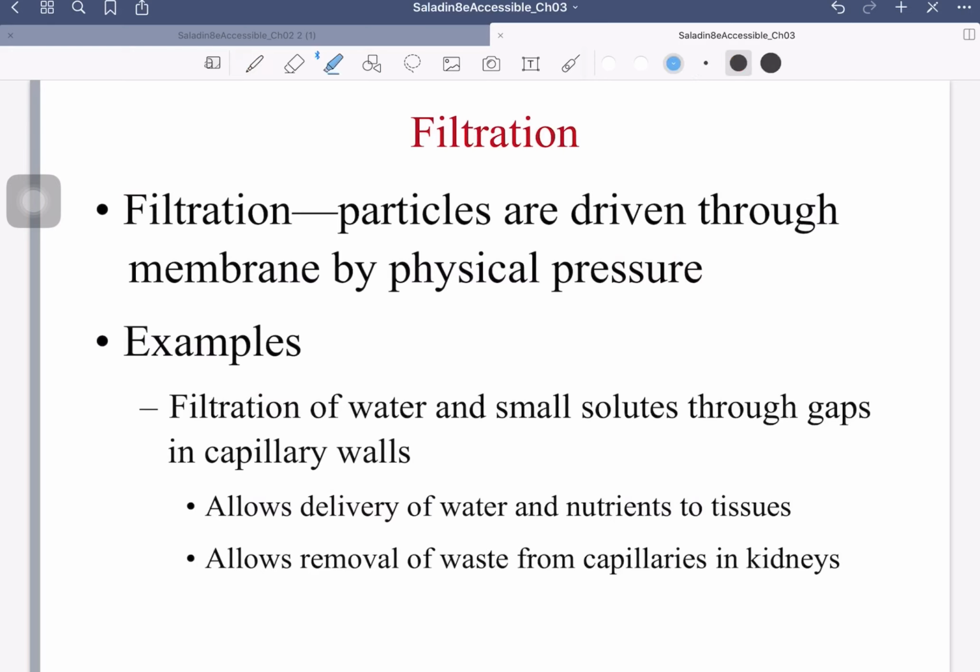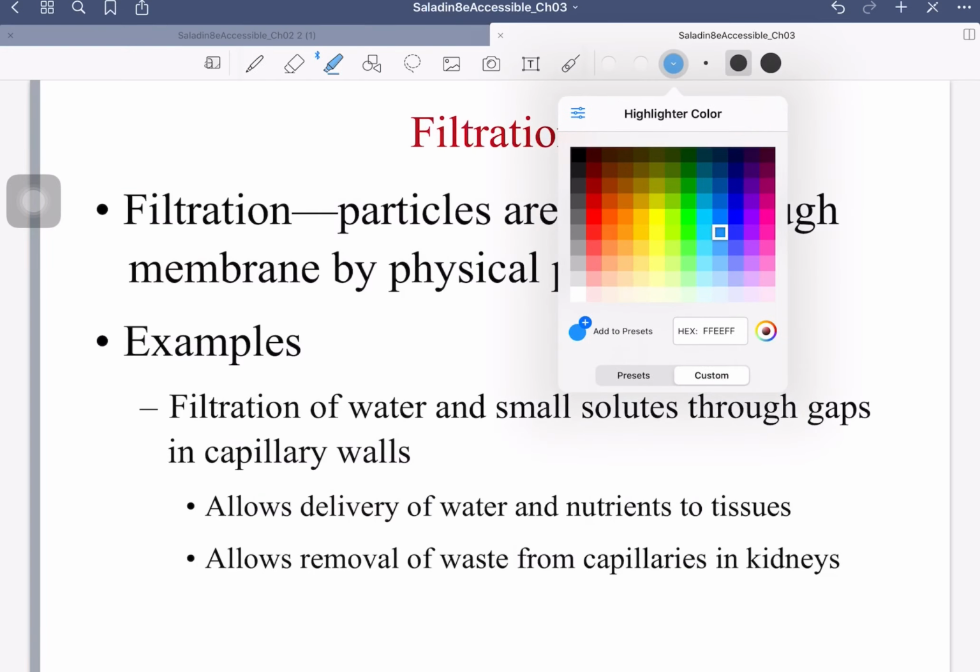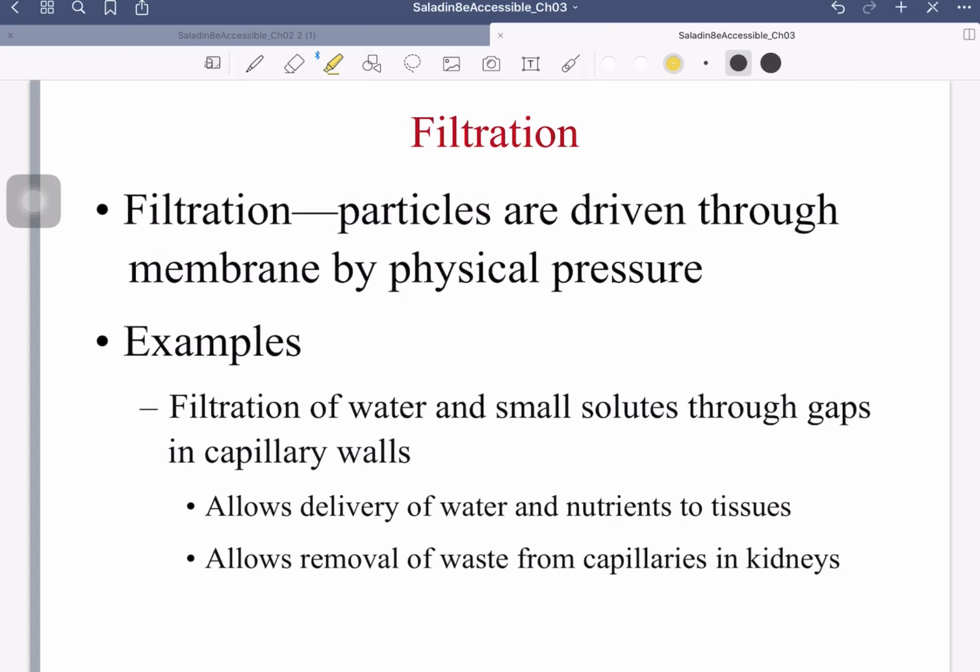Now, filtration is basically particles that are driven through the membrane by a physical pressure. We typically see it happening in things like capillary walls. That's one of the greatest examples. We're talking about very small things, water, small solutes, and they fit through the gaps of the capillary walls.